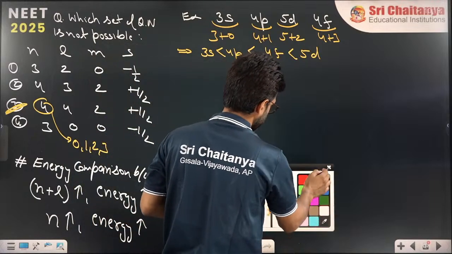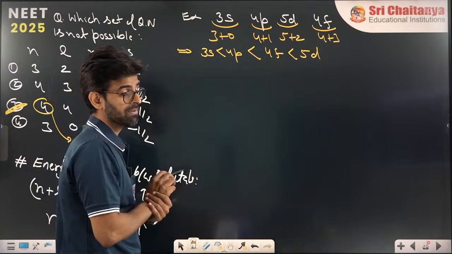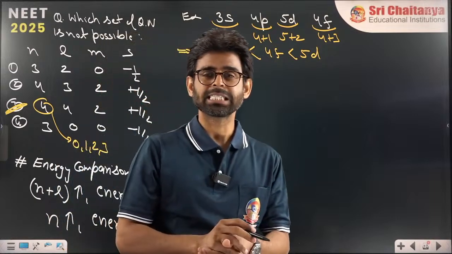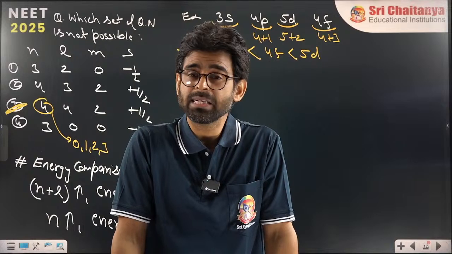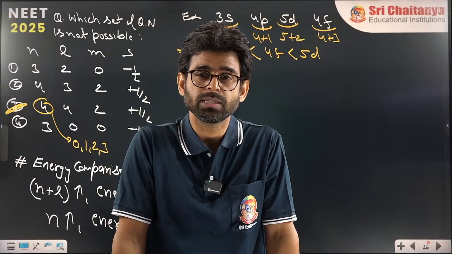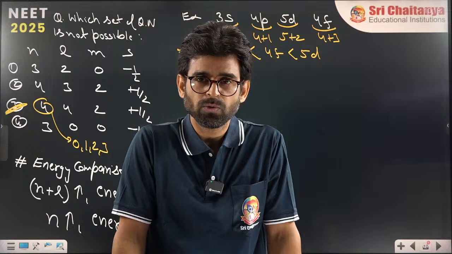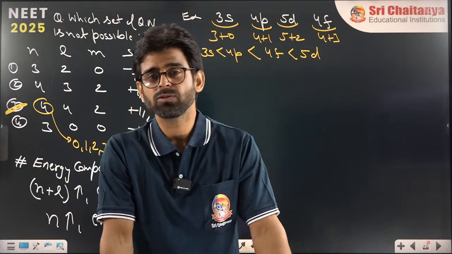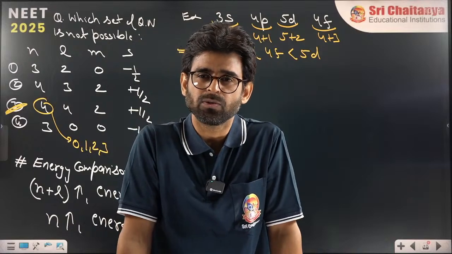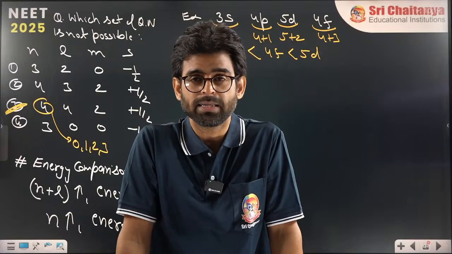Now, the next thing is our next chapter. One more thing I will say. When we fill electrons in these orbitals, we use 3 rules: Aufbau rule, Hund's rule, and Pauli's rule. Aufbau's rule says we should fill electrons in increasing order of energy of the orbitals.